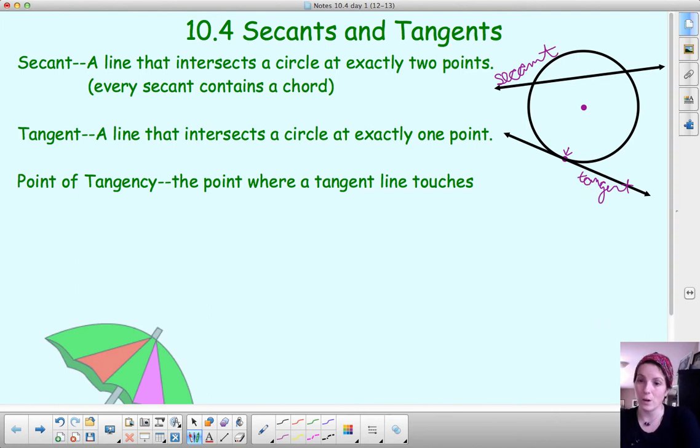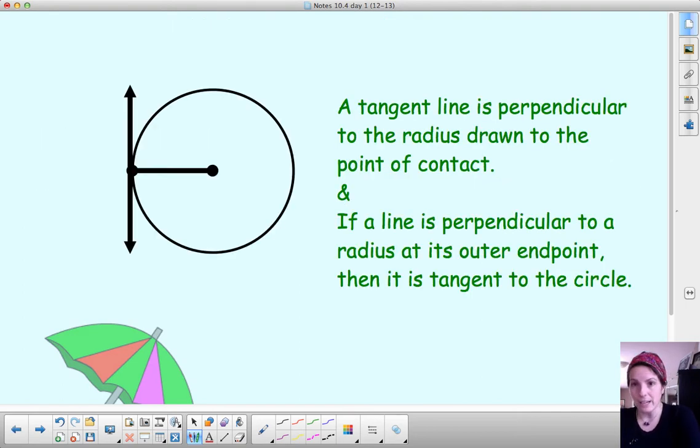All right, so now that we've got words, what can we do with these things? A tangent line is perpendicular to the radius drawn to the point of contact. Or if a line is perpendicular to the radius at its outer endpoint, then it's considered to be tangent to the circle. So if we know that this point T is a point of tangency, and we know that TP is a radius, then we know that this is perpendicular.